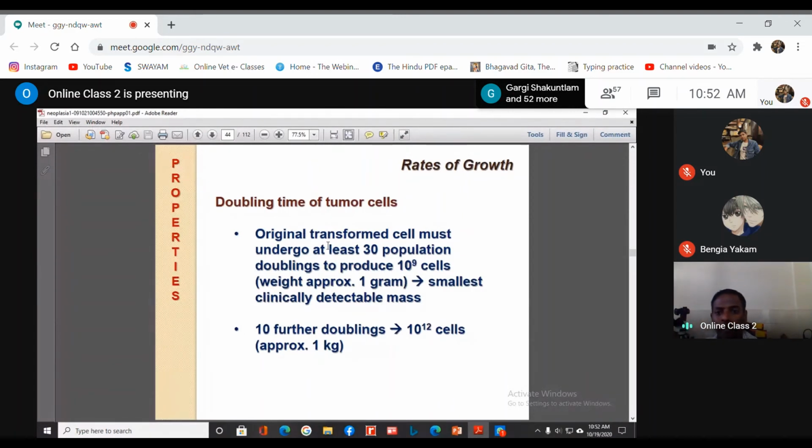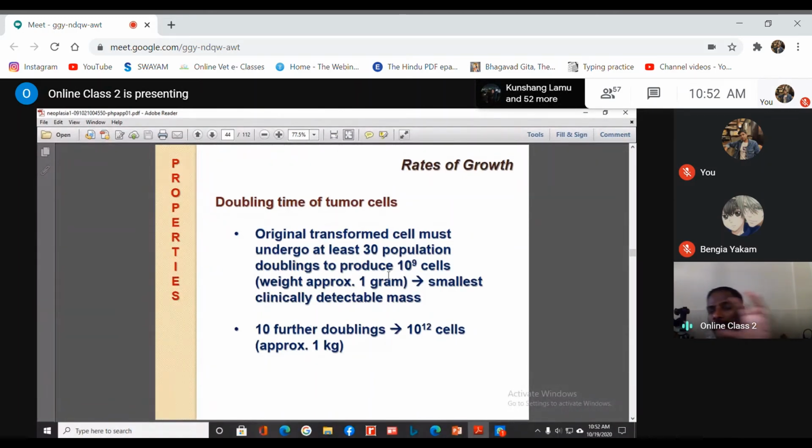For a tumor to become the smallest clinically visible mass, it should multiply at least 30 doublings. Any type of tumor growth requires at least 30 doublings. That means one cell becomes two, 2 to 4, 4 to 8, 8 to 16, 16 to 32. That is what you call doubling.